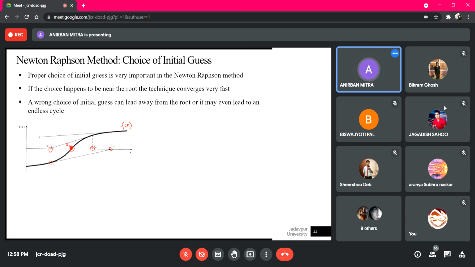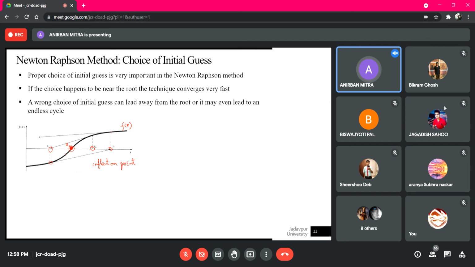This is not altogether an inappropriate choice. It is quite possible that you can get this as the initial guess. But this sort of problem happens if the function has an inflection point. What is an inflection point?